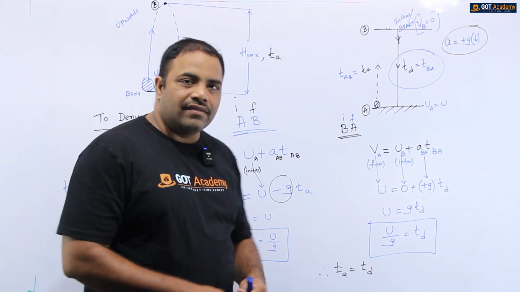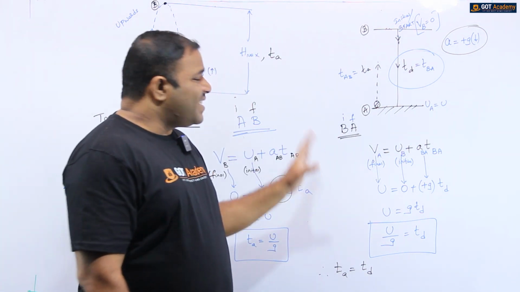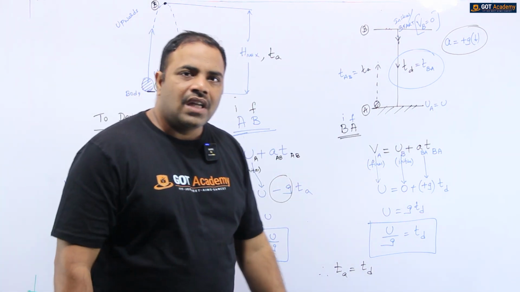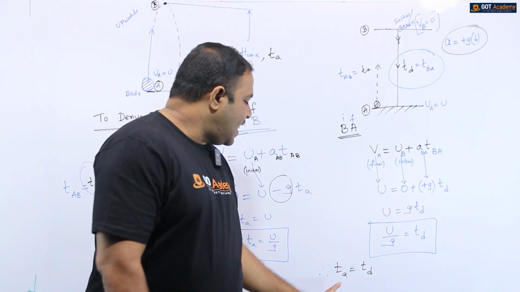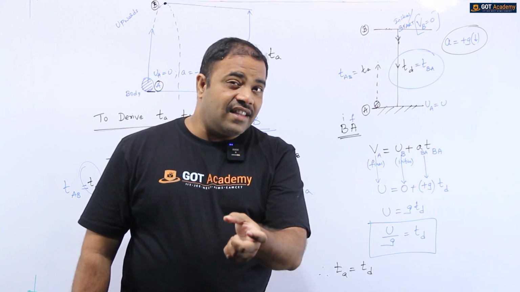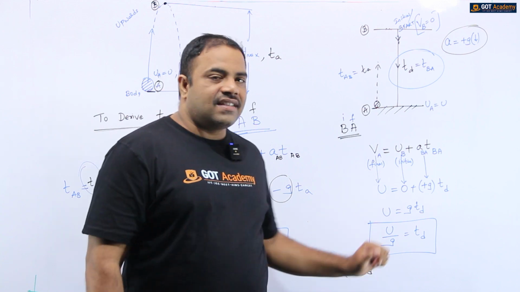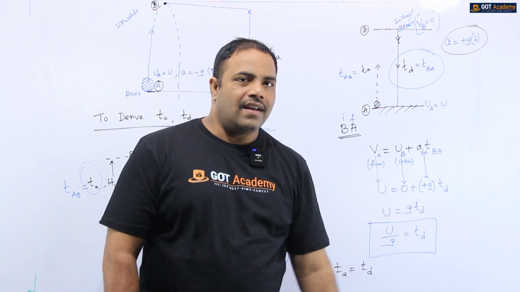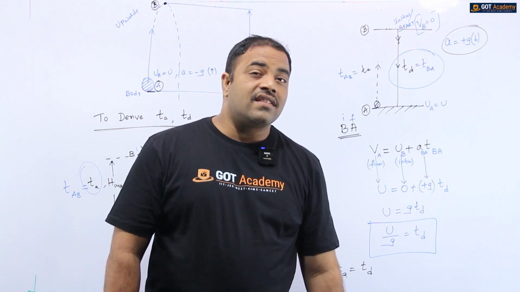So the final thing to complete this concept is time of flight. Students, here itself I want to discuss how we define time of flight. I told you in two ways. One is the sum of ascent plus descent, numerically. The other is the total time taken during its journey.